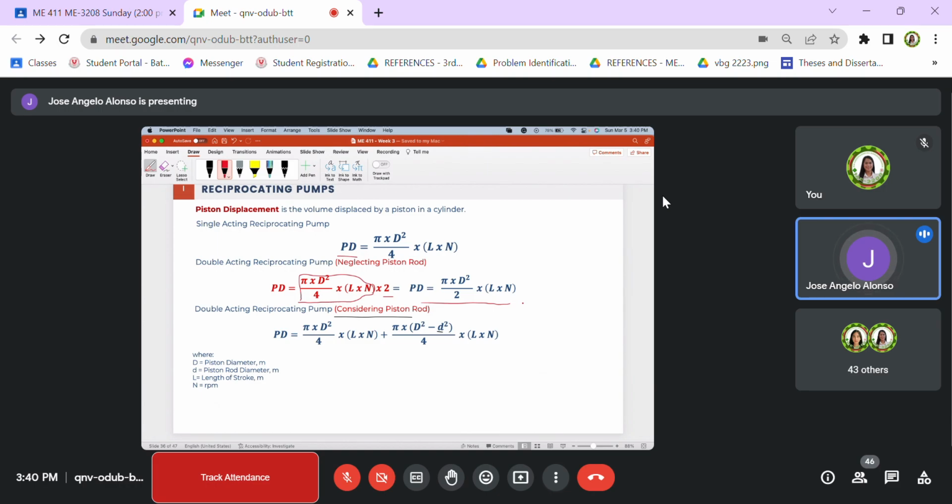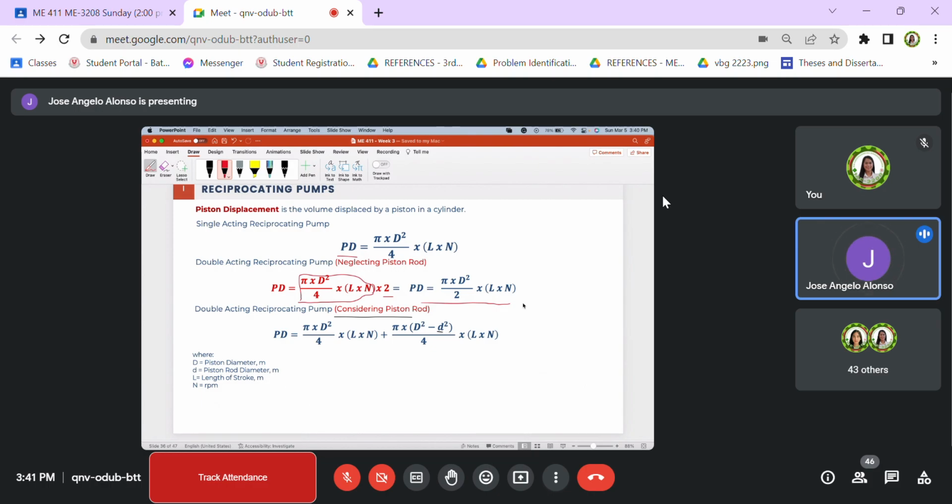While for double acting reciprocating pump, kapag i-consider natin yung piston rod, kasi kung makikita natin dito, the piston rod still consumes space, consumes volume here. So, kung hindi siya sinabi sa problem na neglect the piston rod, then kailangan din natin i-calculate ano ba yung losses or ano ba yung nakukonsume na space doon para makuha natin yung actual na piston displacement.